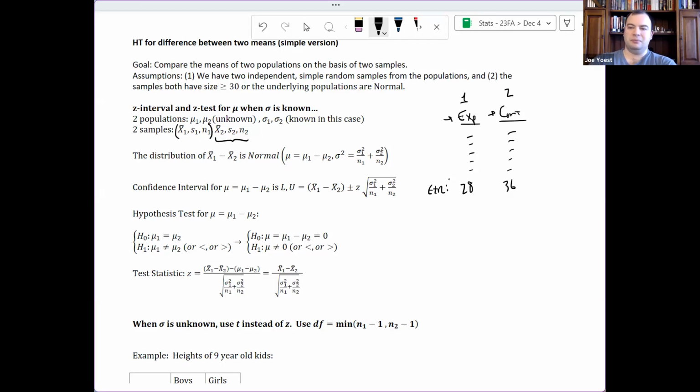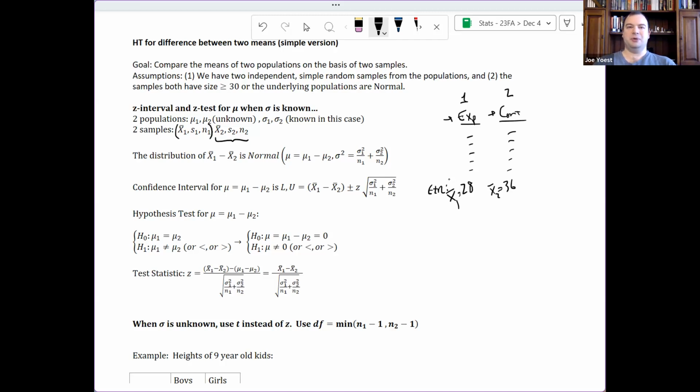My sample mean time to recovery for the experimental group is less than the control group. But then the question is, was this just due to chance? Was this just due to sampling error?